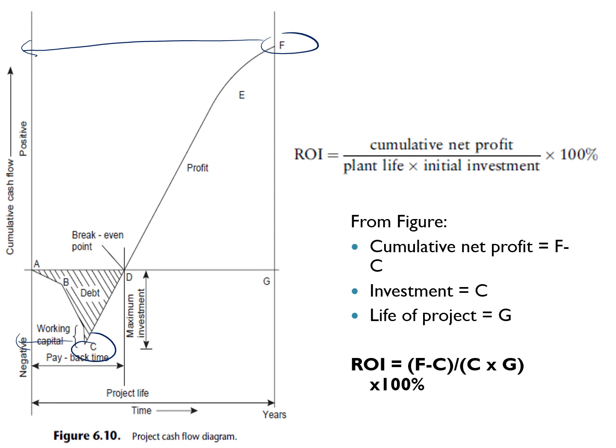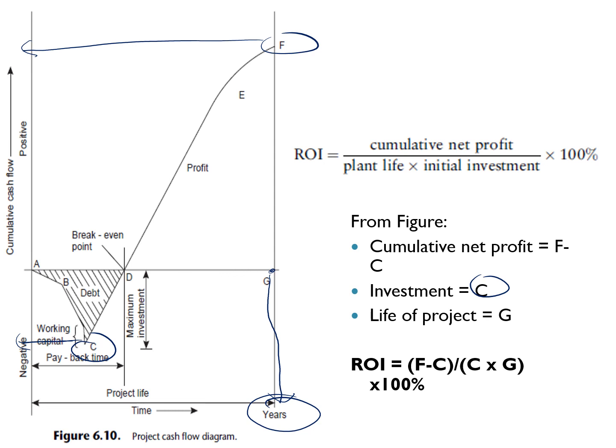The investment is C, the planned life is G, the initial investment is C. So the C value, you can get at this point. For the life of the project, from here you get the planned life.